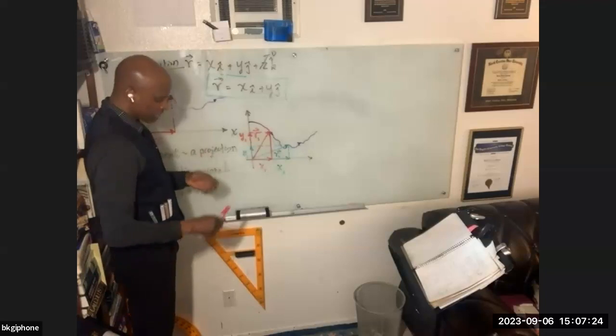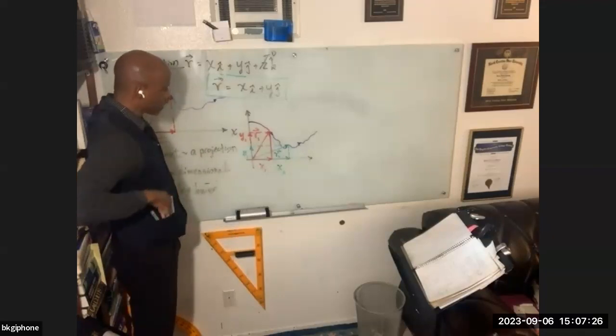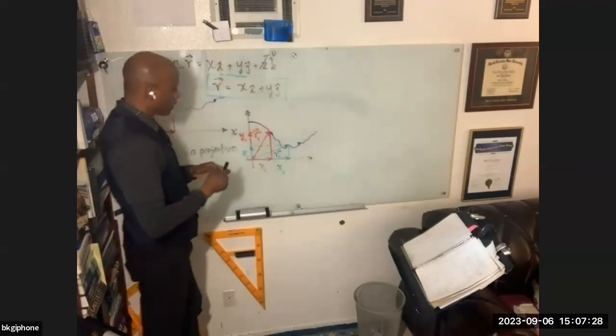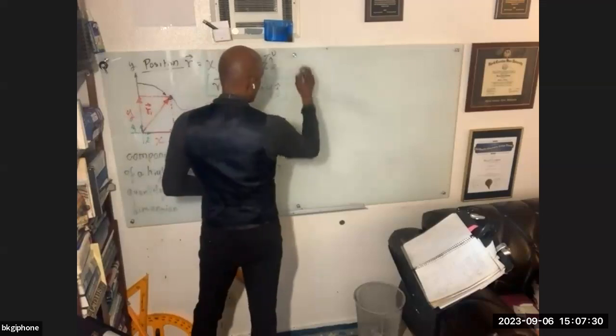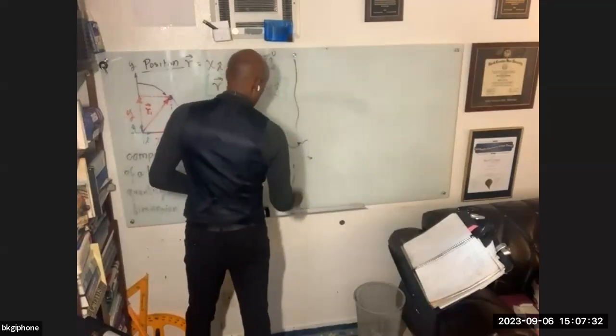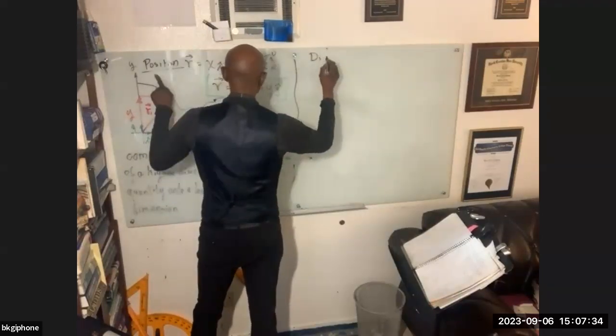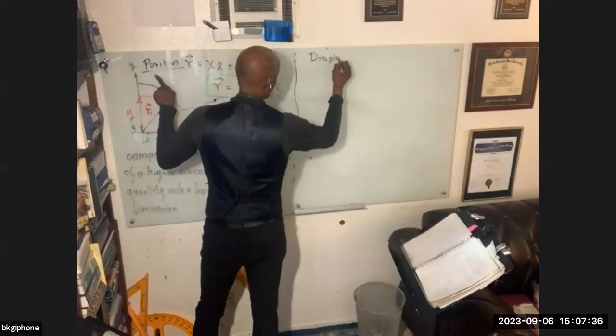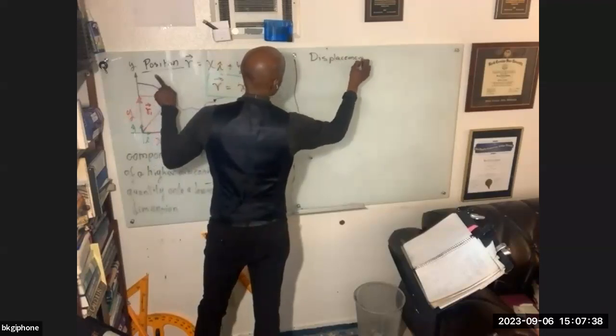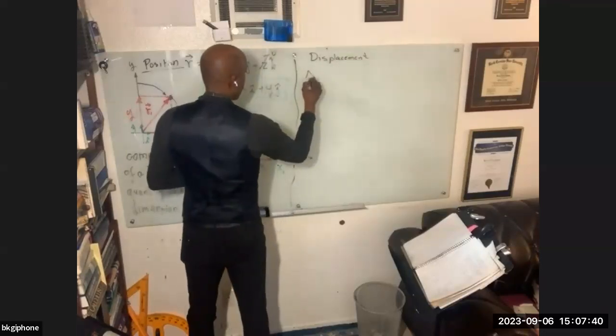Now, a displacement is defined as final minus initial. Using the definitions and notation we've used previously, a displacement versus a position is really a difference of two positions.